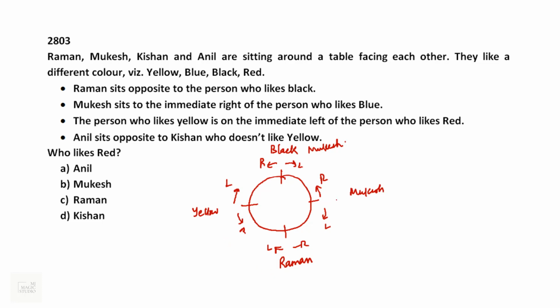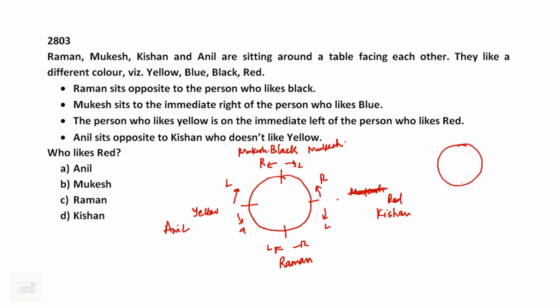If this person likes red, then Raman would be liking yellow. Anil and Kishan are sitting opposite to each other, so we can have Anil here or Kishan here. Then it's sure that Mukesh is at this position.